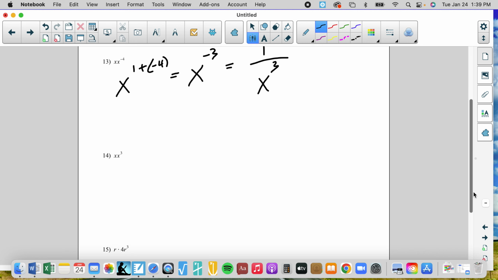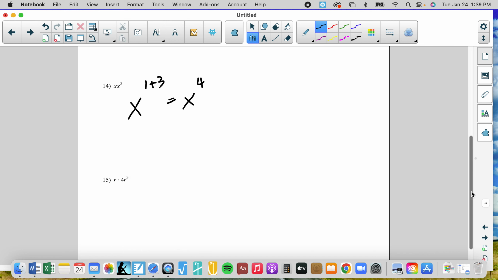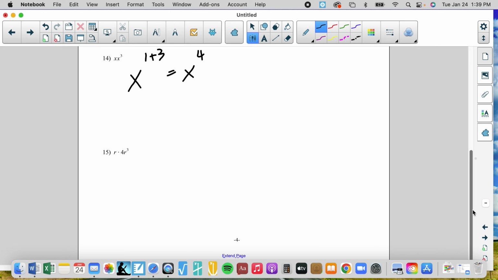Change the location. Oh, very similar. This is x to the 1 plus 3, which equals x to the 4th. This is 1 times 4, which is 4. Coefficients first, r to the 1 plus 3, which equals 4r to the 4th.